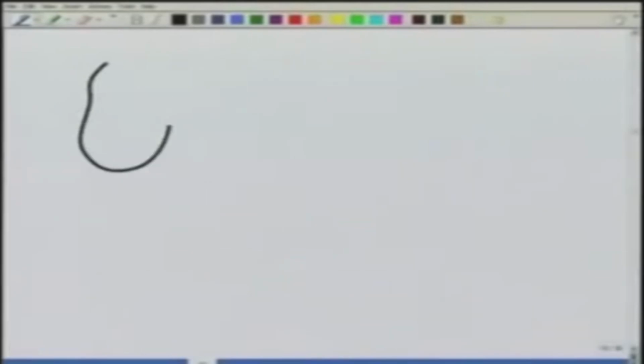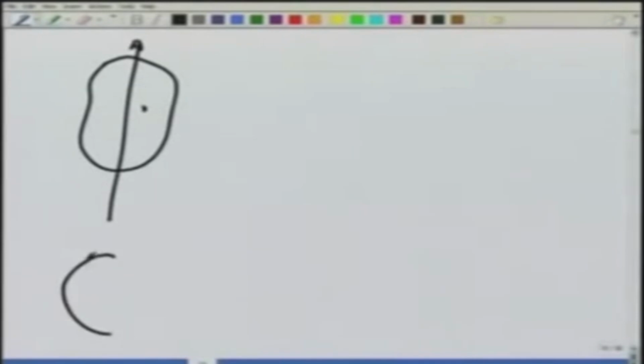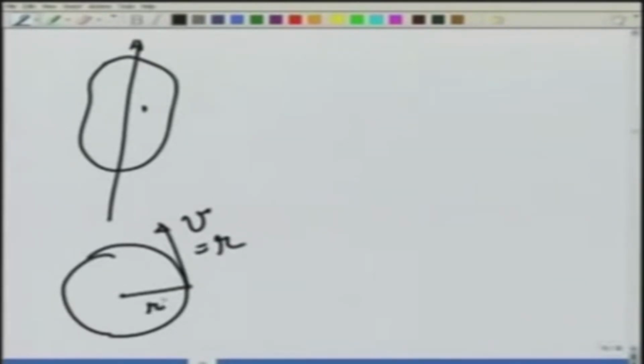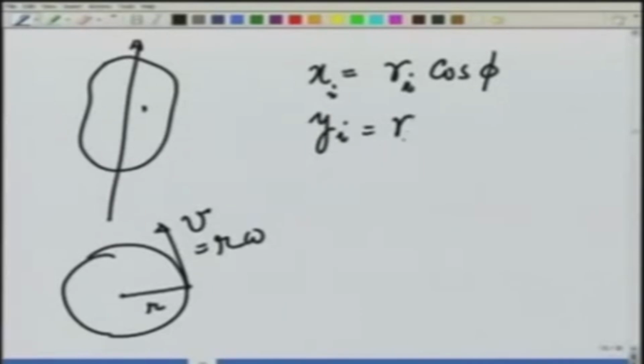The magnitude of the velocity, let me make the figure again. This is the rigid body rotating, this is point i, which is really moving in a circle like this, with the magnitude of the velocity being r omega, where r is this distance. The x component of the ith particle is going to be r_i cosine phi, the y component is going to be r_i sine phi.